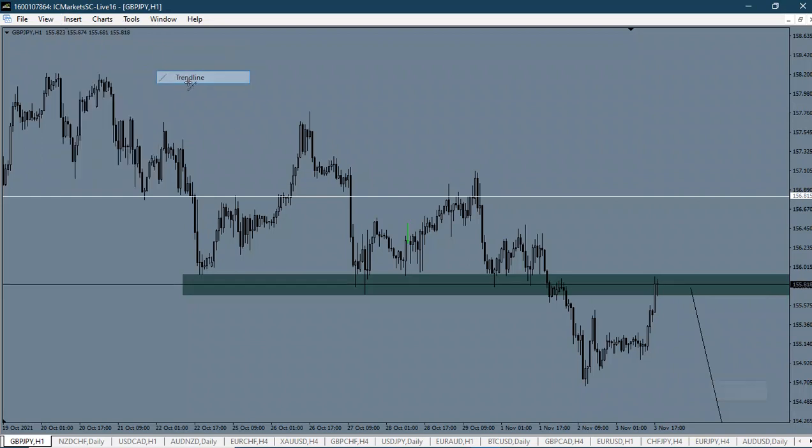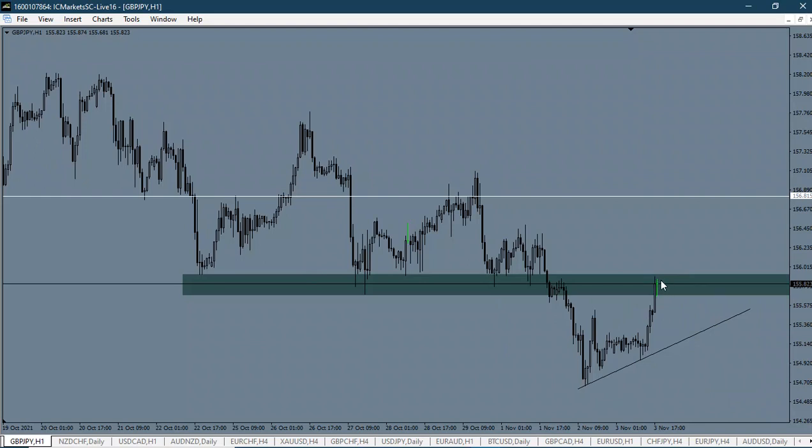However, we also have to wait for price to finish forming whatever it's doing there. We have to wait. So how can we catch these sales? This is how we can do it.